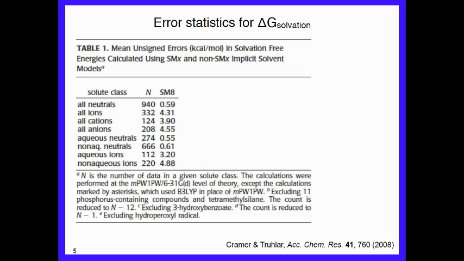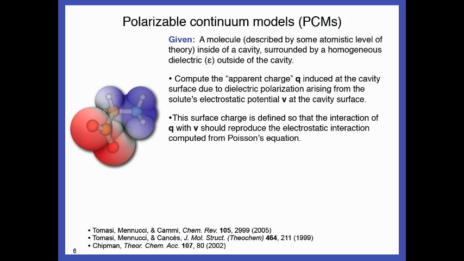But anyway, this paper now is 5 years old, and there is at least one generation of Cramer-Truhlar model beyond what's available in Q-Chem, but I still think that these data give you some sense of what is the state of the art in terms of the errors that we can expect in delta G's of solvation.